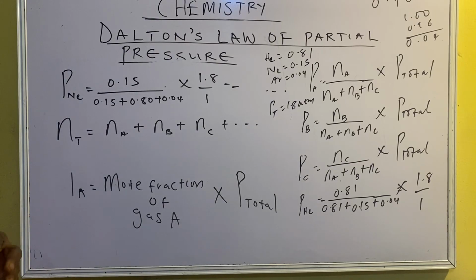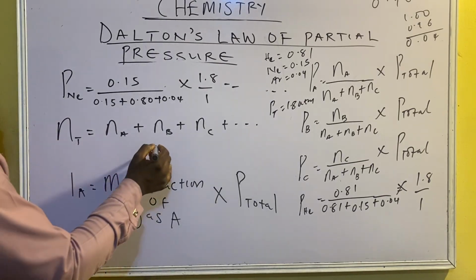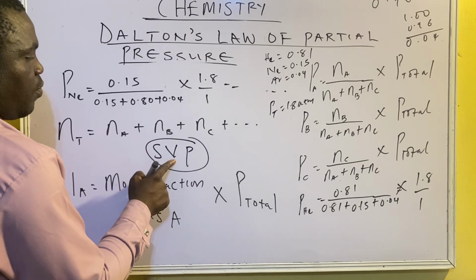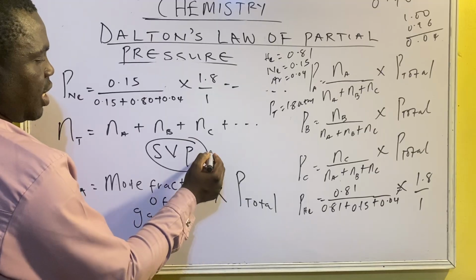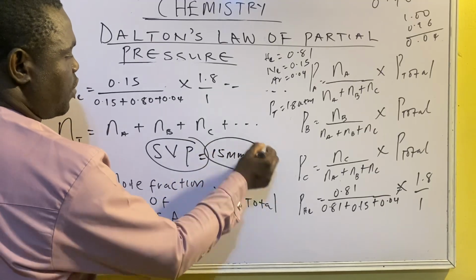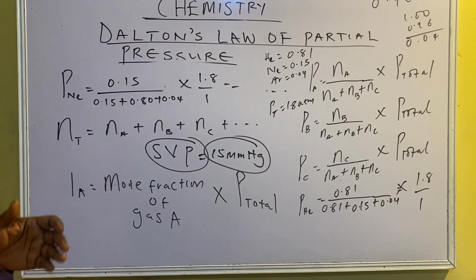There are times a question will come and they will give you the SVP. What's SVP? Saturated vapor pressure. They will give you the SVP at a particular temperature to be, maybe, 15 millimeters of mercury. They will then ask you to find the true pressure.